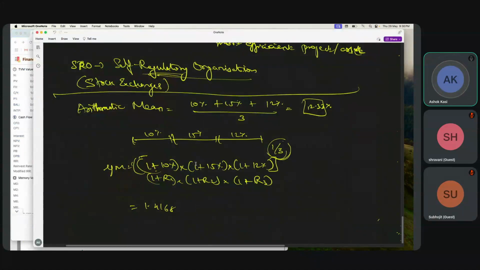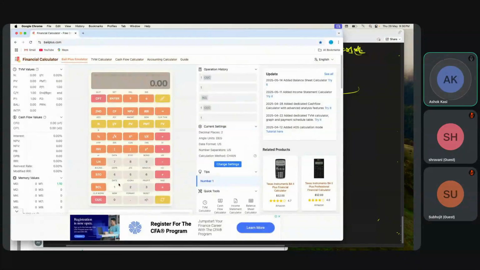Now next one is 15 percentage plus 1, equal to 1.15. This is store 2. It is stored in memory 2. If you want, you check this.